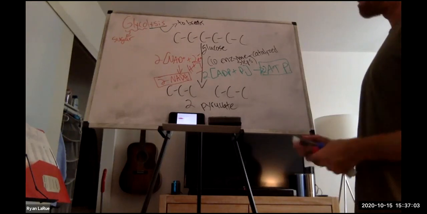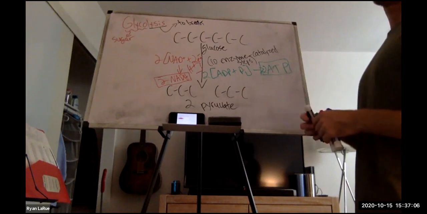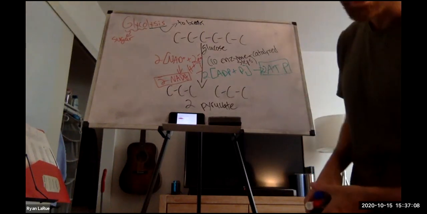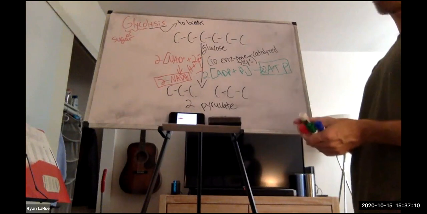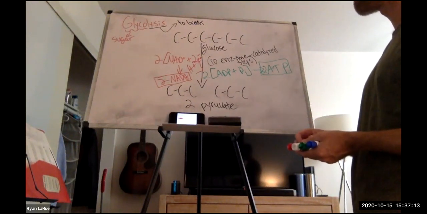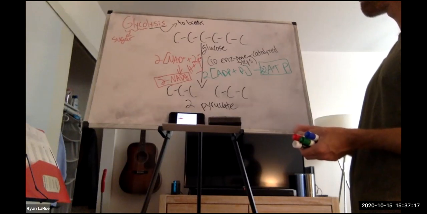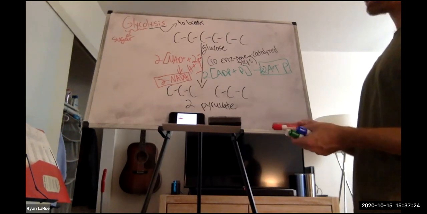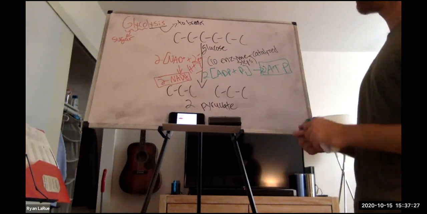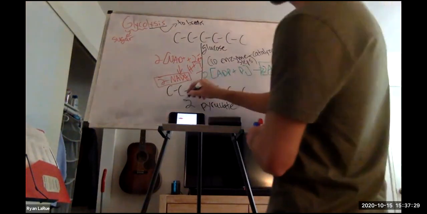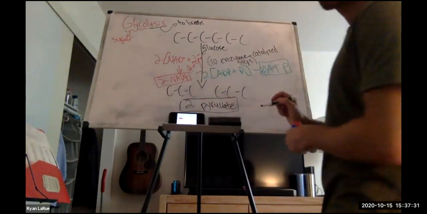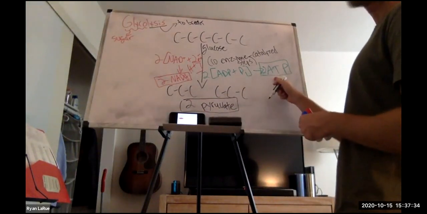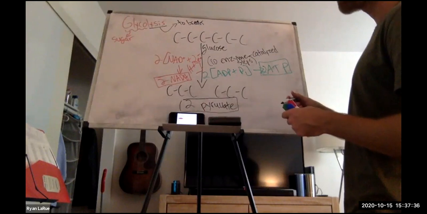Okay, so by the end of glycolysis, yes, it is inorganic phosphate. Yep. So by the end of glycolysis, we end up with 2 pyruvate molecules, 2 ATP molecules, and 2 NADH molecules.